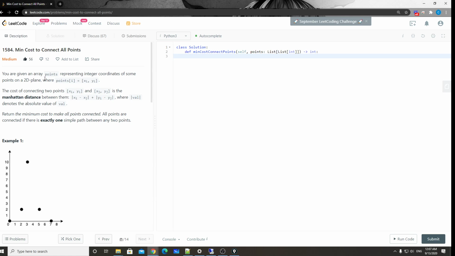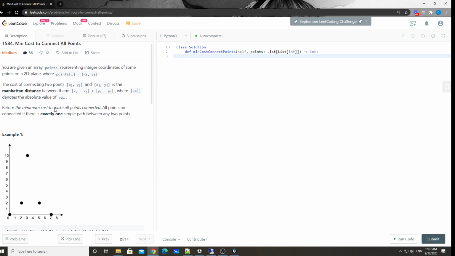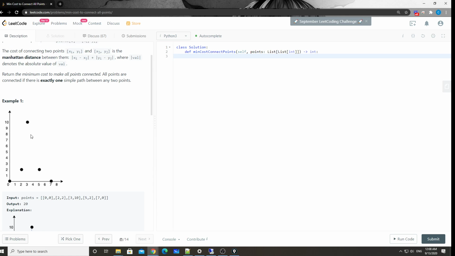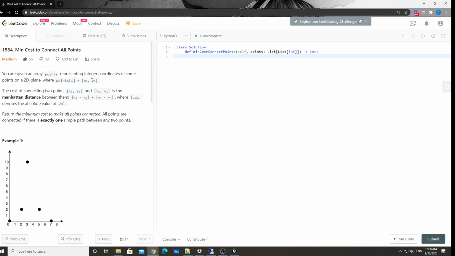So you're given an array points representing integer coordinates of some points on the 2D plane. So we basically have an array, a list of lists. Each element represents a point on this 2D plane, and the cost of connecting two points is the Manhattan distance, which is the absolute difference between the x's and the y's.